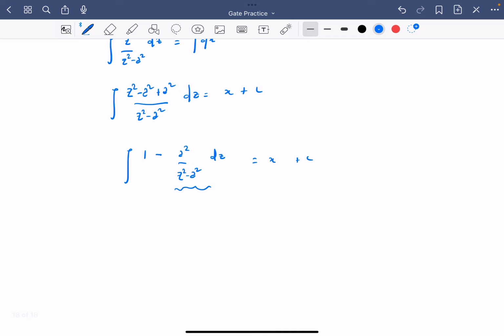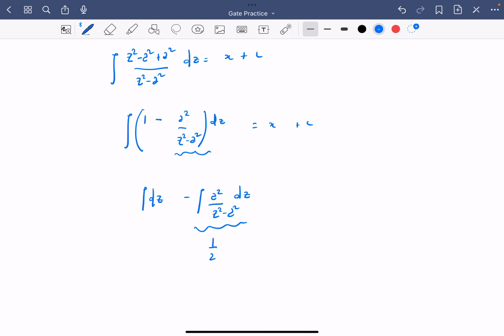So this integral is integral dz minus integral a square by (z square minus a square) dz. You solve this integral, the value is nothing but 1 by 2a ln (z minus a) by (z plus a) plus c.